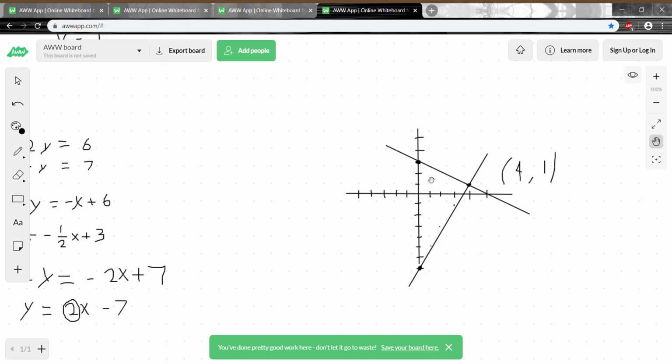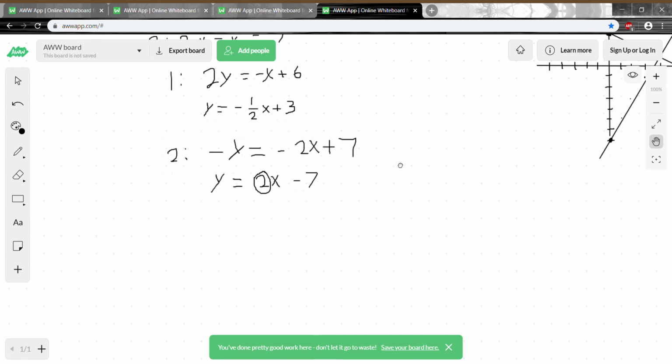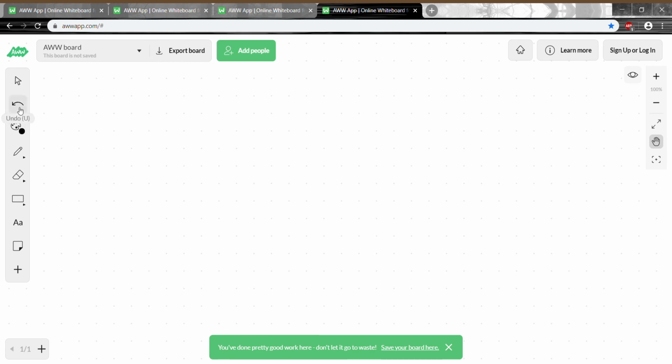So, in example 9, we're going to take the same equation. This is example 9 on page 470 of your textbook. We have the same equations: x plus 2y is equal to 6, and 2x minus y is equal to 7.